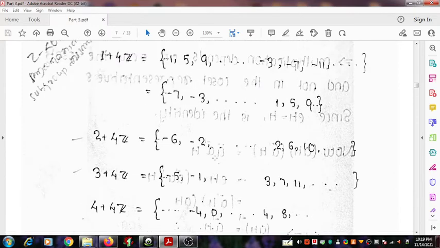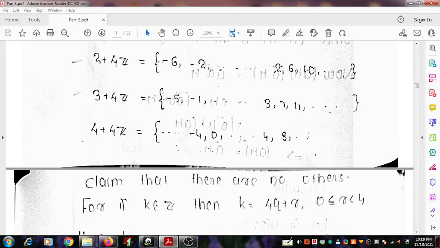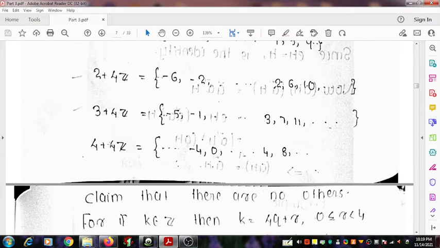These are the elements, but actually this set is equal to 4Z. Since 4 is a member of 4Z, immediately it becomes equal to 4Z.